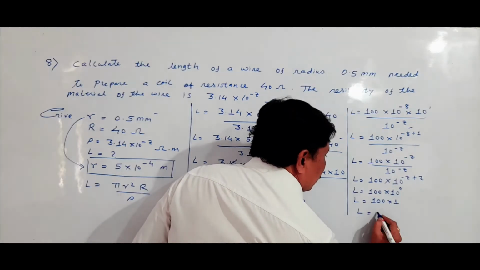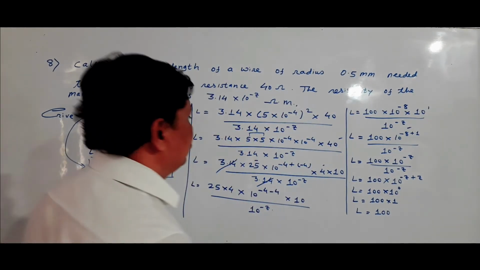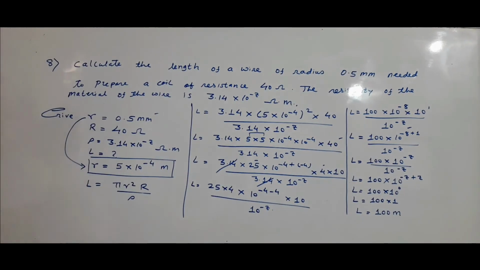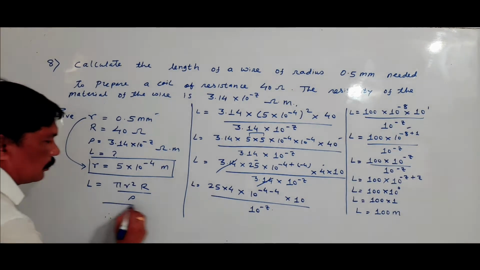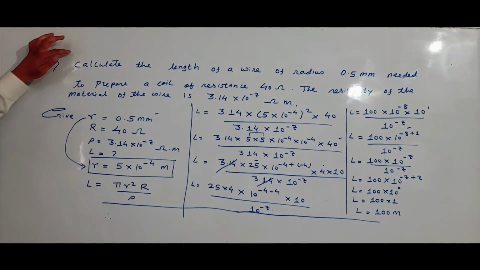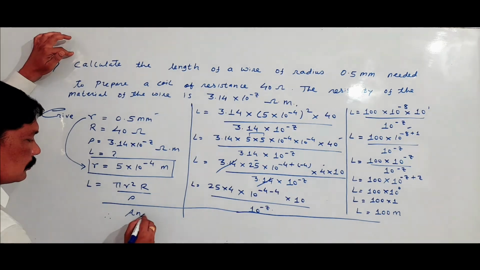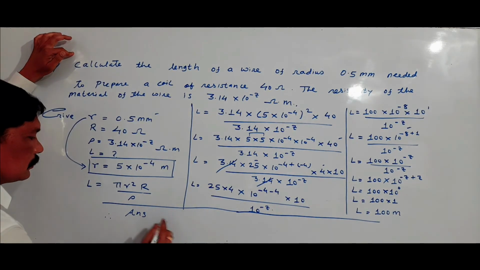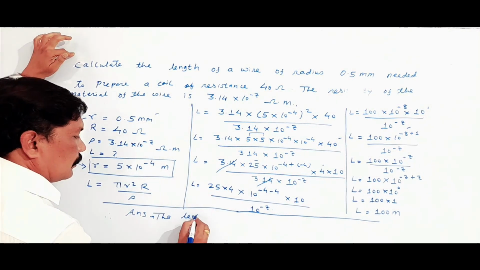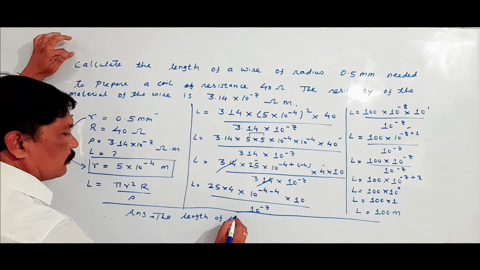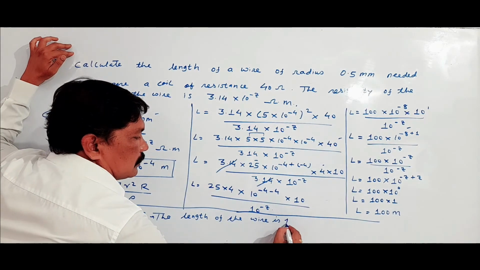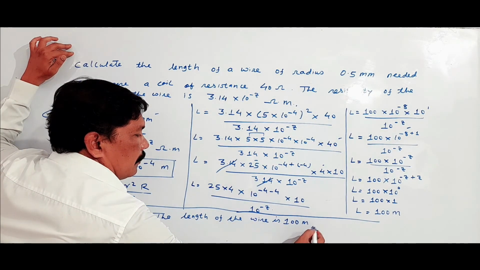So length is equal to 100 meter. Therefore, the answer: the length of the wire is 100 meter.